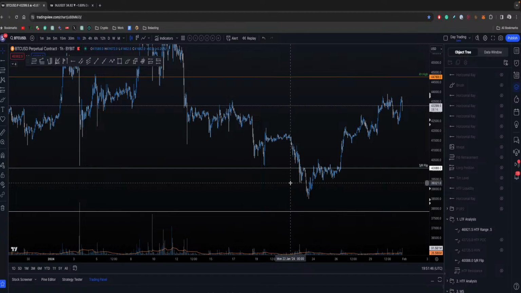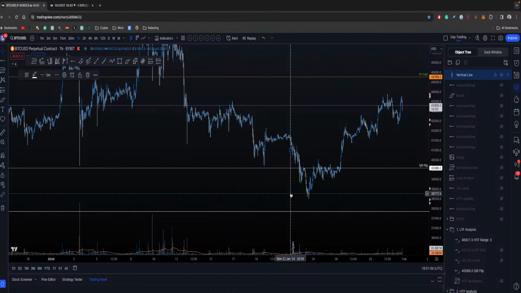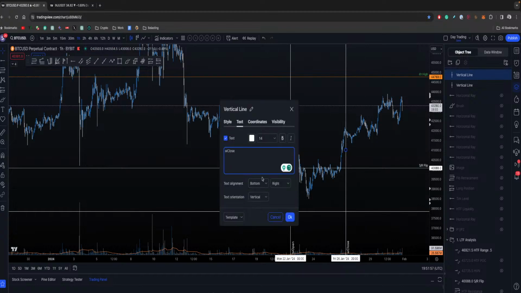And last week we had the weekly open here. Weekly close here.